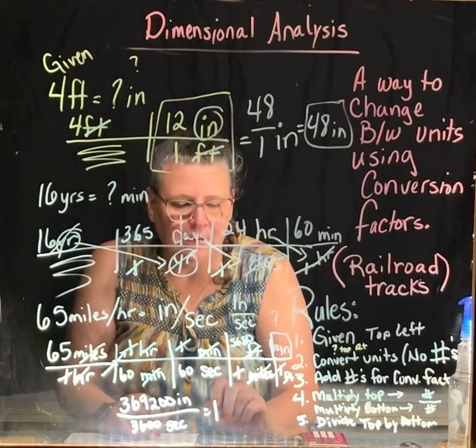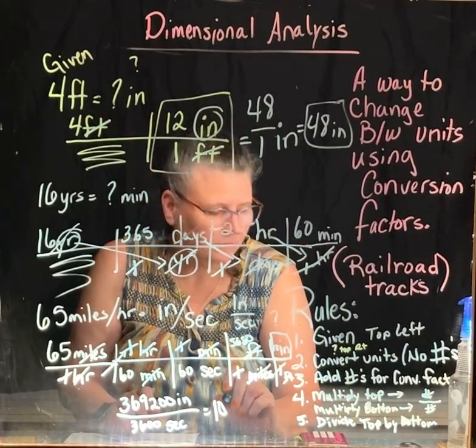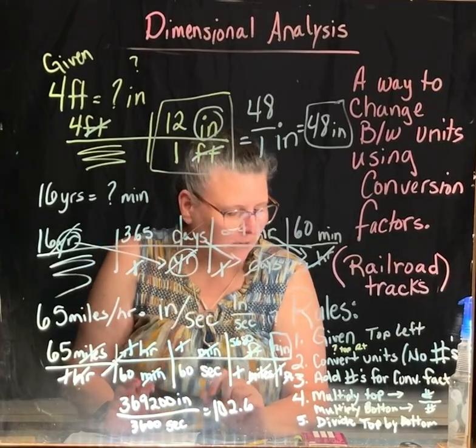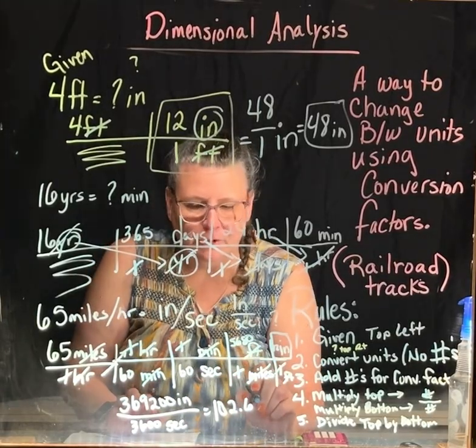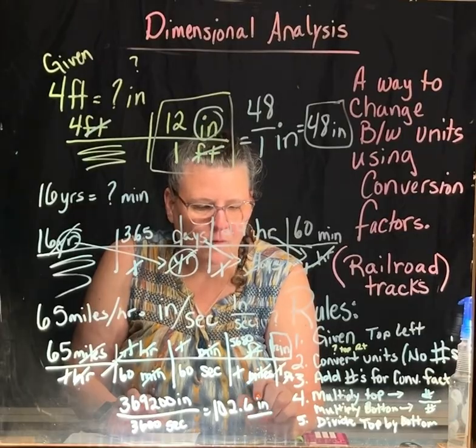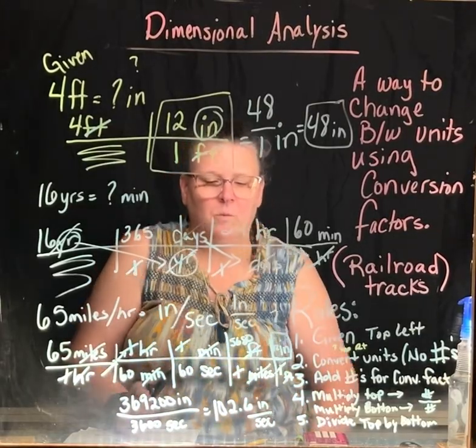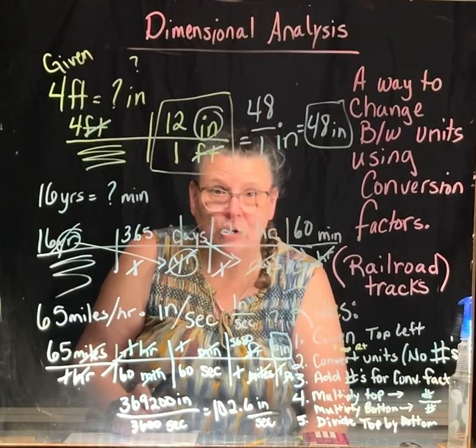So basically, I'm going to get 102.6, I'll go for 6 and I'll round it. And I'm going to do inches over seconds, per second. So it's 102.6 inches per second.